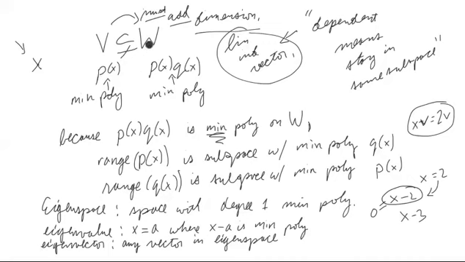Now, also realize that as we adjust the minimal polynomial and go up, everything that has a specific minimal polynomial actually ends up being a vector space in and of itself. It's closed under the normal vector operations.